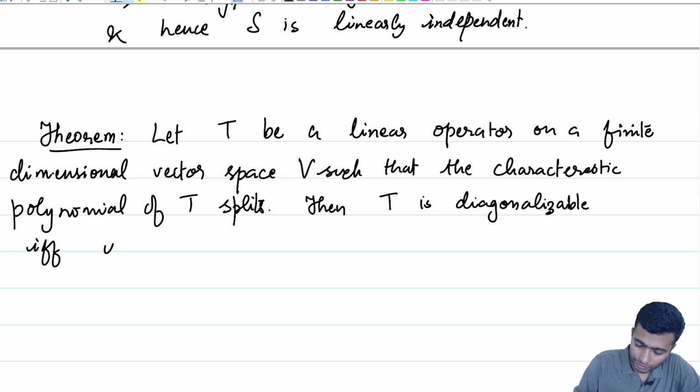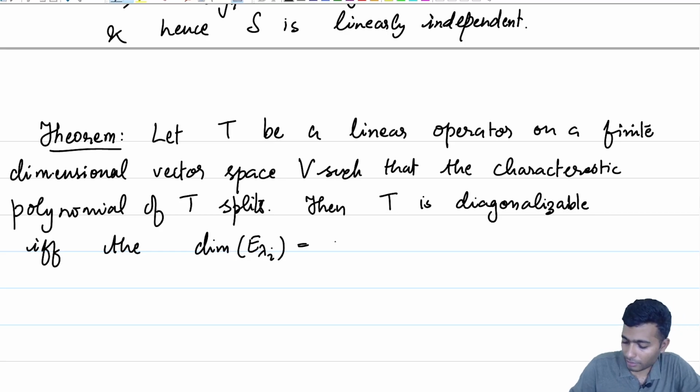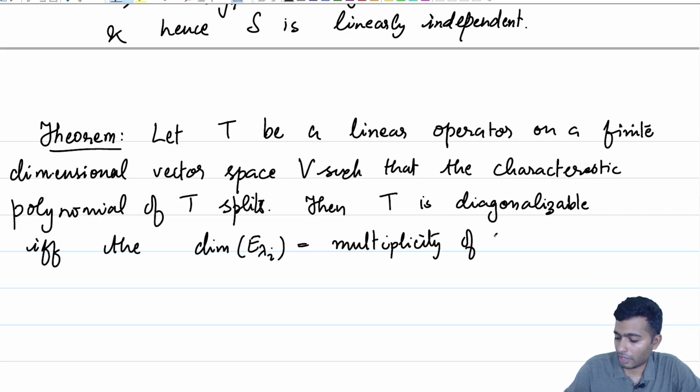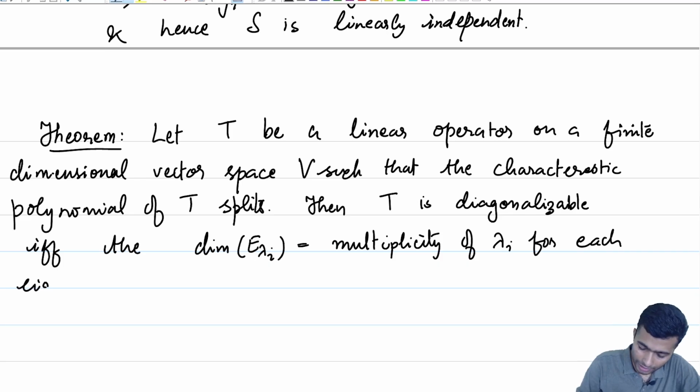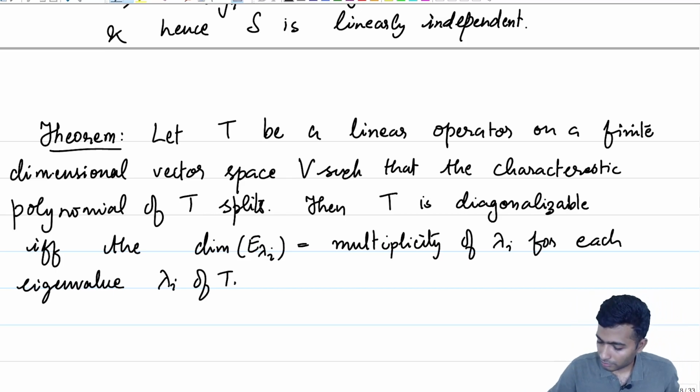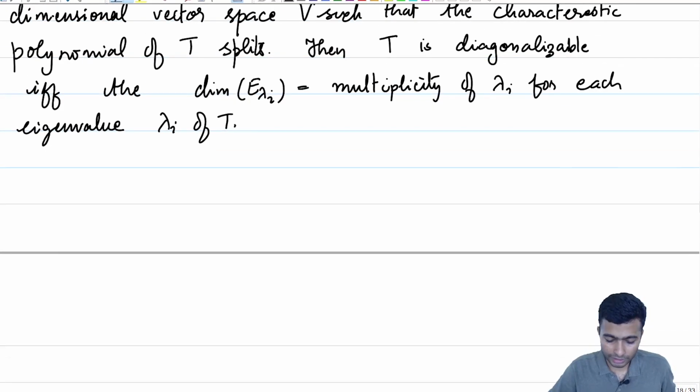if and only if the dimension of E lambda i is equal to the algebraic multiplicity of lambda i for each eigenvalue lambda i of T. Notice that it is an if and only if statement.